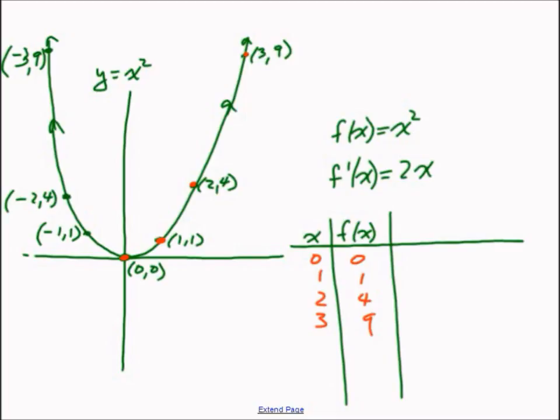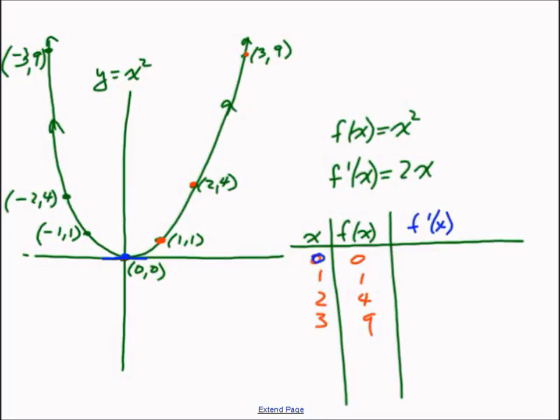Okay, the derivative function, if we look at it, remember what the derivative means. It's the function that tells us what the slope of the tangent line at that point actually is. So if we look at the point 0 for x, and we drew a tangent here, well, that would be equal to the x-axis, wouldn't it?